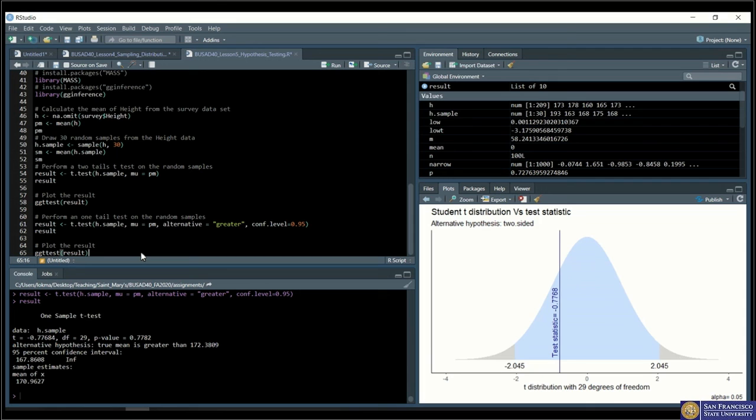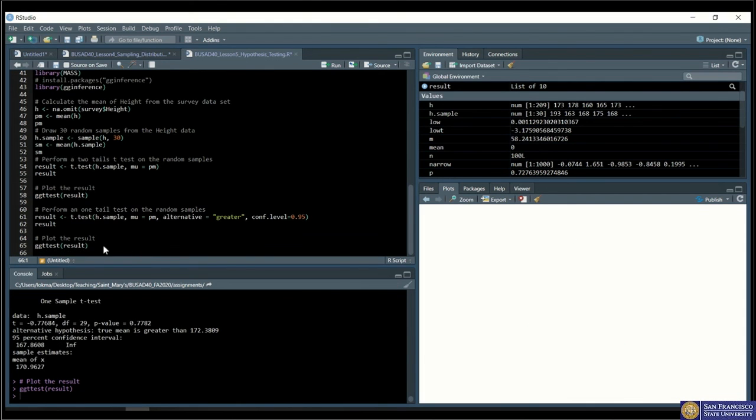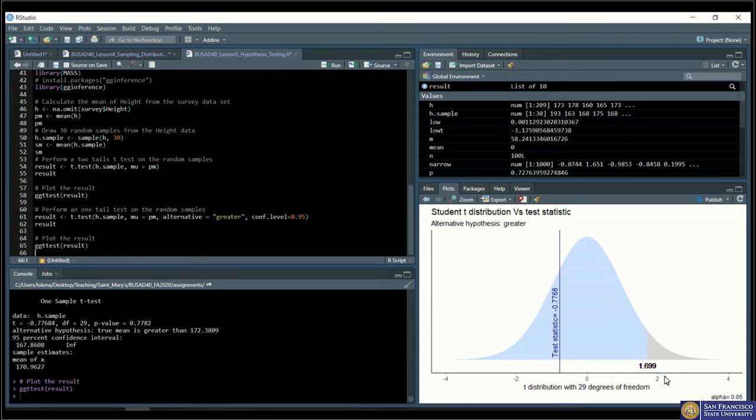Again, using the ggttest plot function, this time we can see we have a one-tailed test on the right-hand side, and the location of this one-tailed test is 1.6899. The difference between the two-tailed test and the one-tailed test is literally just the location of the t-scores. Because when we put 5% of the weight on two sides, each side will only contain 2.5%, which makes the location much further away from the center.